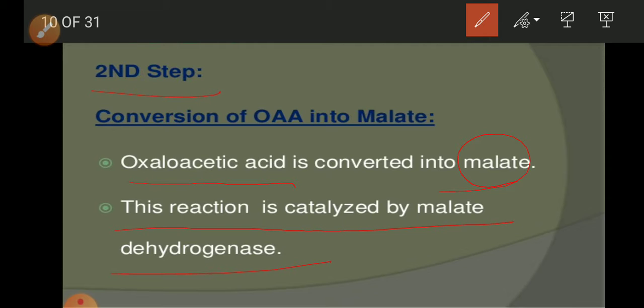In this reaction, which is also called a reduction reaction, NADPH2 is oxidized, like hydrogen is removed from that.